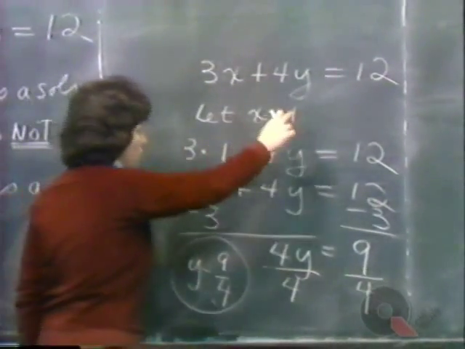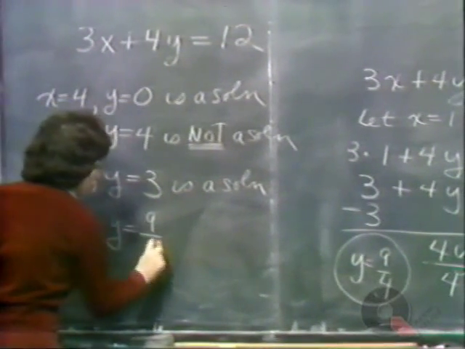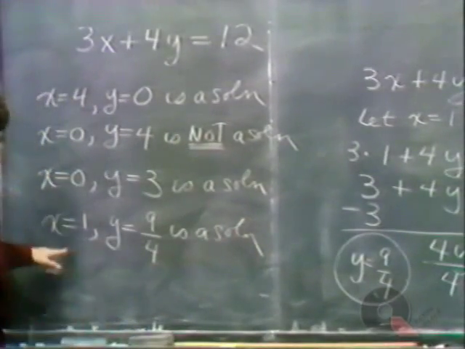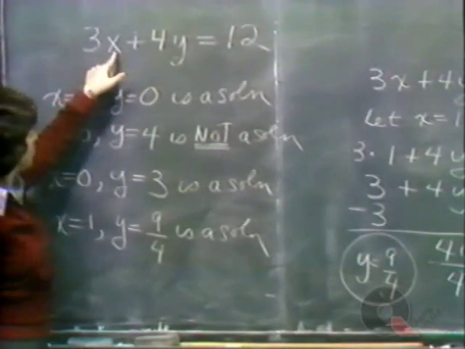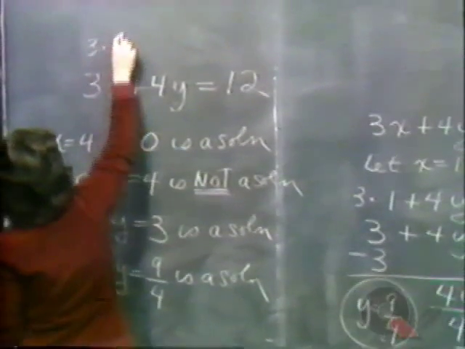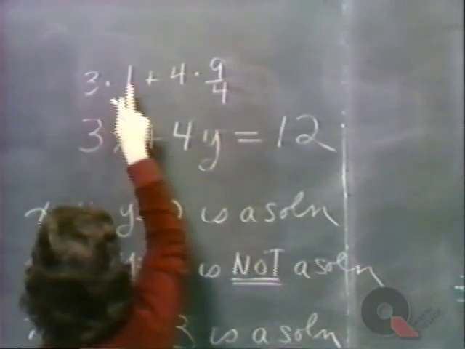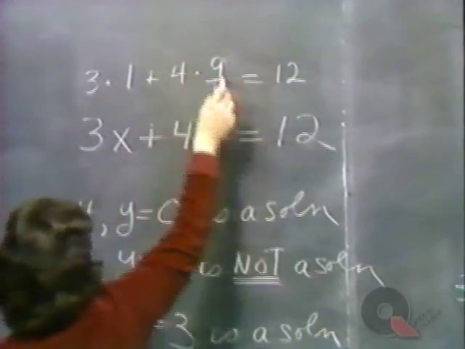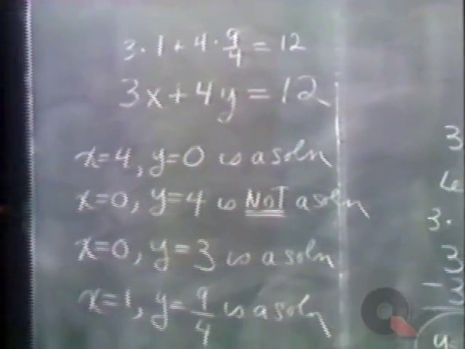So if x equals 1, y equals 9/4 constitutes a solution to this equation. And you can, of course, just check this. X equals 1, y equals 9/4. 3 times 1 plus 4 times 9/4. You get 3 plus 9, which is, in fact, equal to 12. Here the 4's cancel. So this really is a solution.